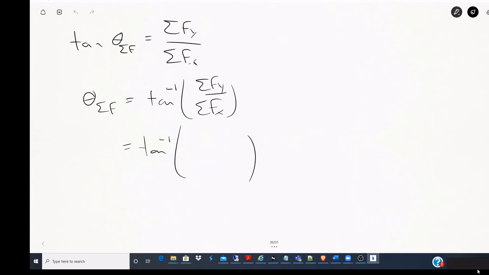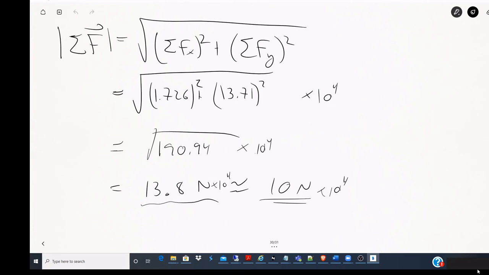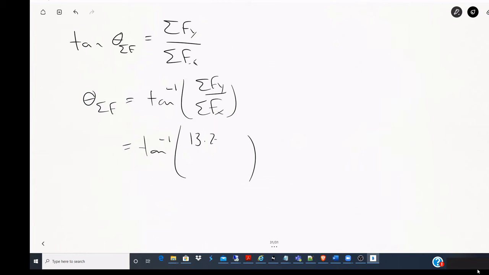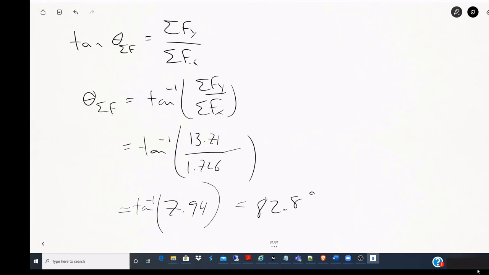Well, 13.71 to 1.726. In this case, I don't have to worry about units or the order of magnitude because they would cancel out, being the same. So I have 13.71 divided by 1.726. That's 7.94. I want the tangent inverse. What is that? 82.8 degrees.